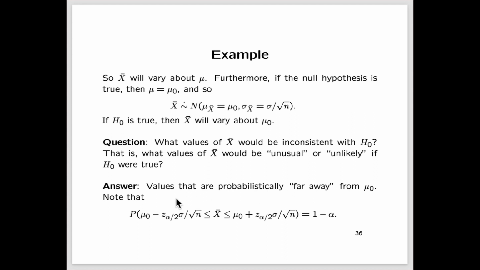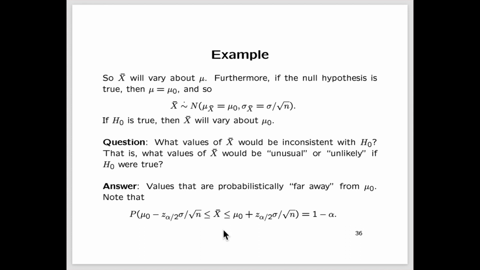Now, notice that the lower endpoint, mu sub 0, the hypothesized value of mu, minus z sub alpha over 2 times sigma over the square root of the sample size, that is a fixed number. It's not a random variable, it's a constant. Likewise, the upper endpoint, that is a fixed constant as well.